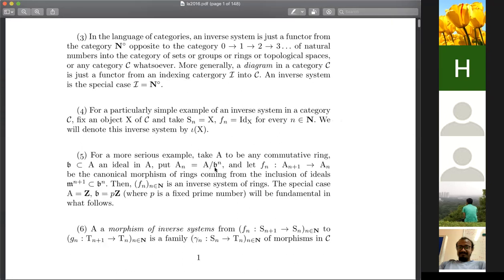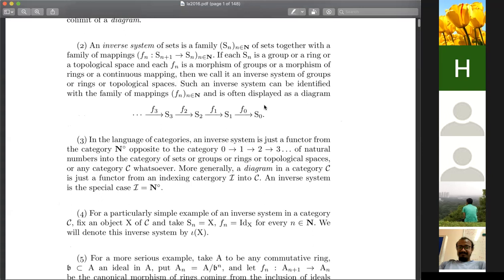So by convention, perhaps B to the power 0 should be equal to Z, right? So A0 is going to be Z by Z. So that's a unit ideal. So it's going to be the trivial ring.